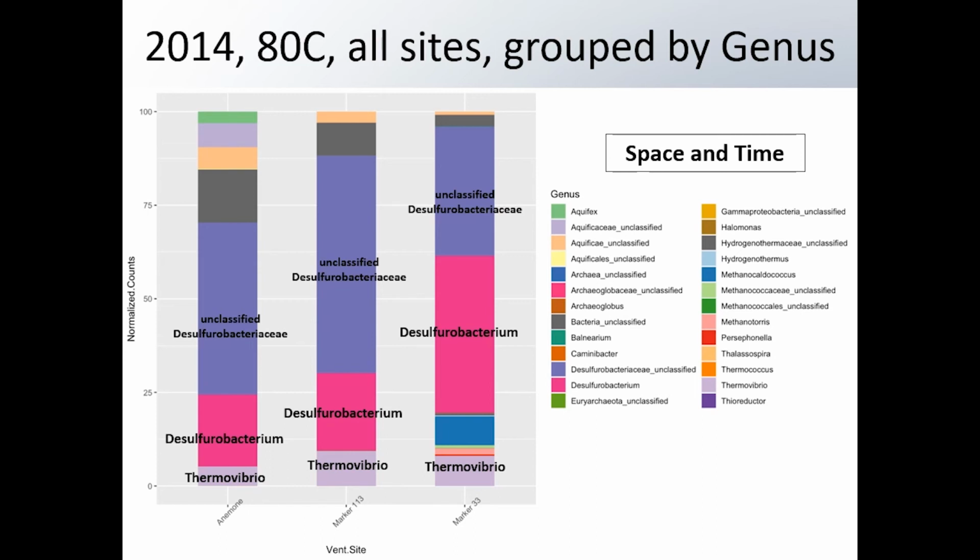Now, all 3 vent sites have a similar composition of Desulfurobacterium, Thermovibrio, and an unclassified member of the family Desulfurobacteriaceae. This shows that hydrothermal vents can vary quite a lot in their microbial community composition in just 1 year. This should be kept in mind when we capture snapshots of the geochemical composition of hydrothermal vents on other ocean worlds. Just because we measure something once doesn't mean it can't change drastically in a very short amount of time.